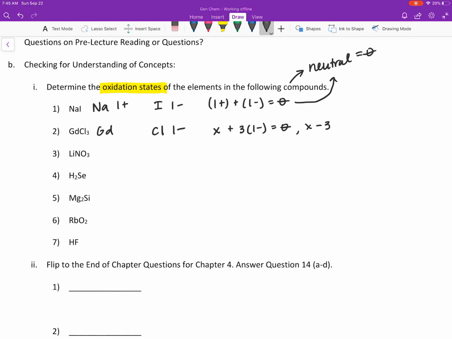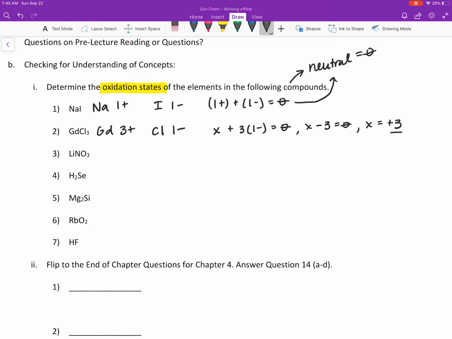X minus 3 equals 0 because 3 times negative 1 is negative 3. And then I can rearrange it by adding 3 to both sides. And what I get is that in order for this to cancel out, the gadolinium must be 3 plus. Okay, so I didn't have to know anything about its place on the periodic table because I knew the rule about one of them.